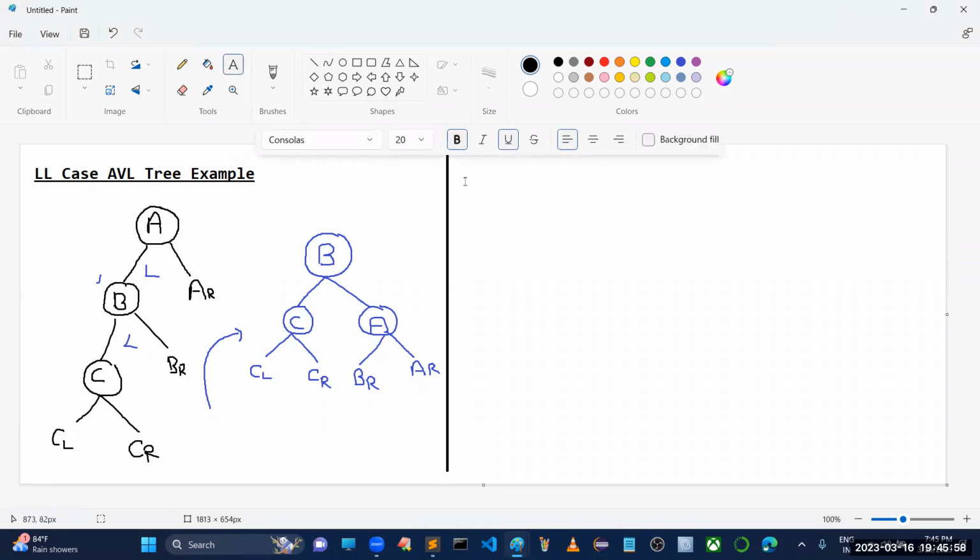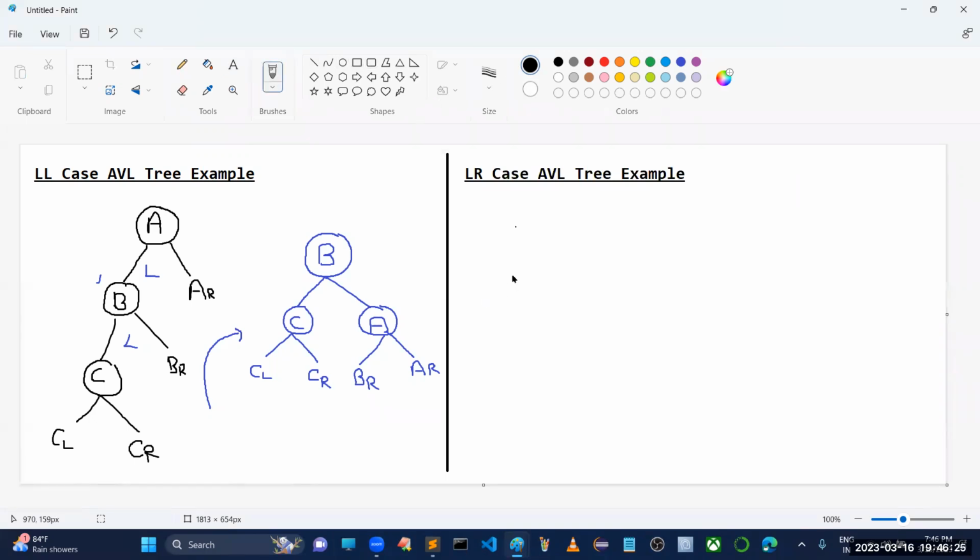So the next one we have here is the LR case. LR case, AVL tree example I want to take. B will become left child.